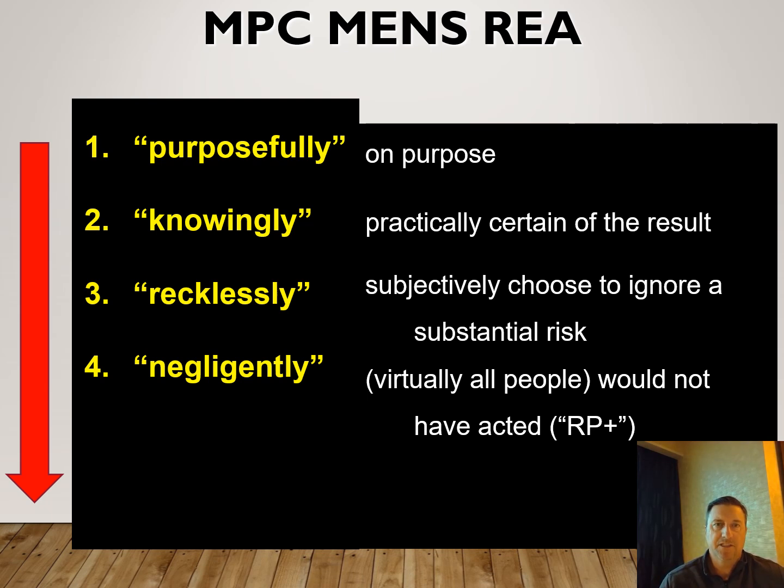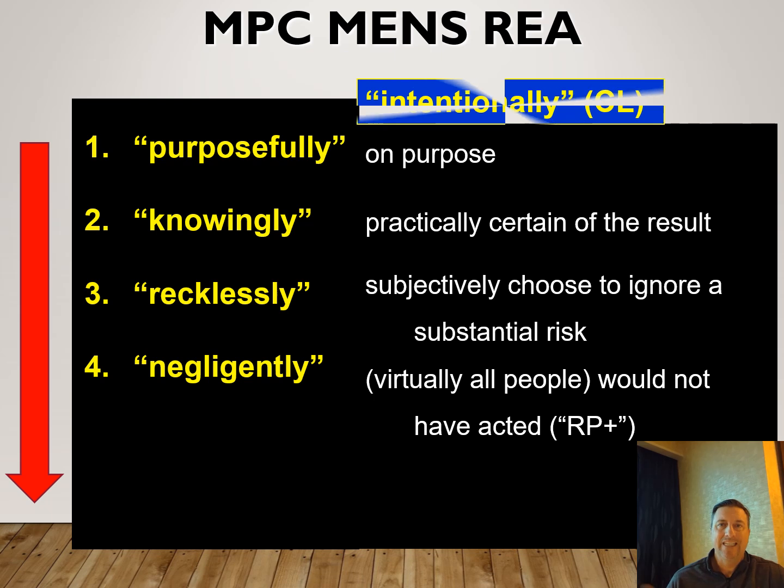They really talk about it in these four terms: purposely, knowingly, recklessly, and negligently. And they define them a little more cleanly than I would say was handed to us at common law. Purposely is if you're doing something on purpose, what we would think of in common law as intentionally. Knowingly, you're practically certain of the results, some similarity there.